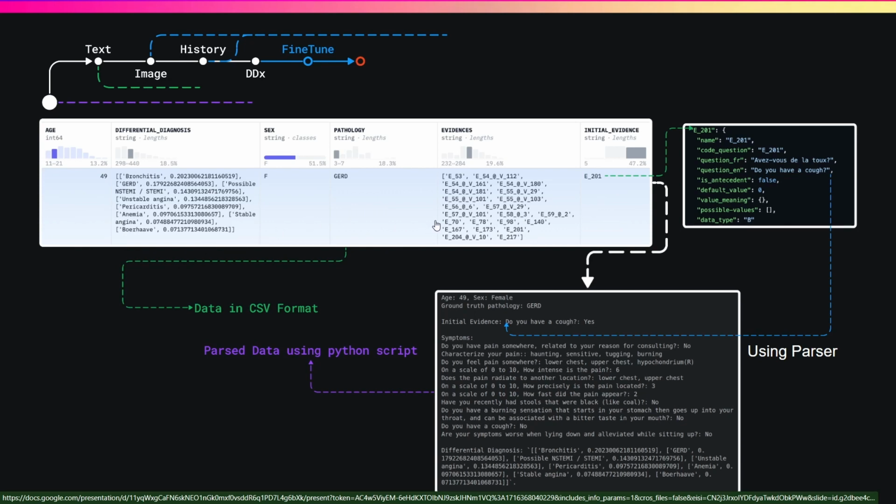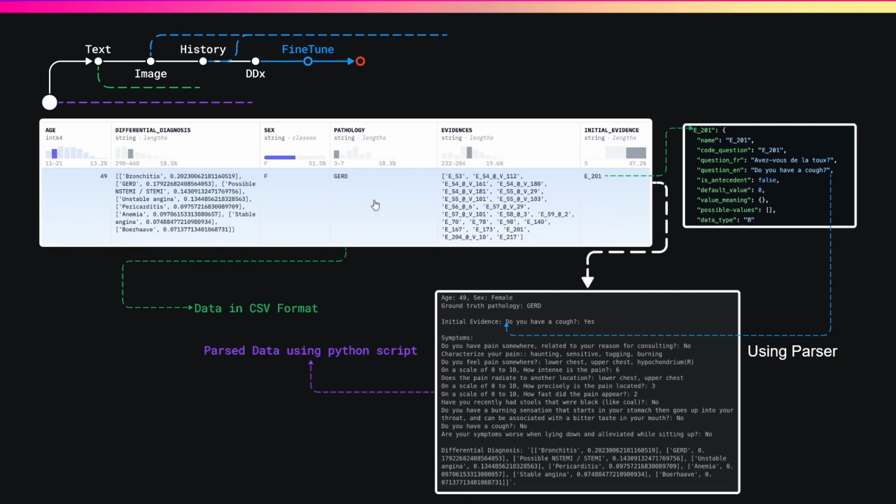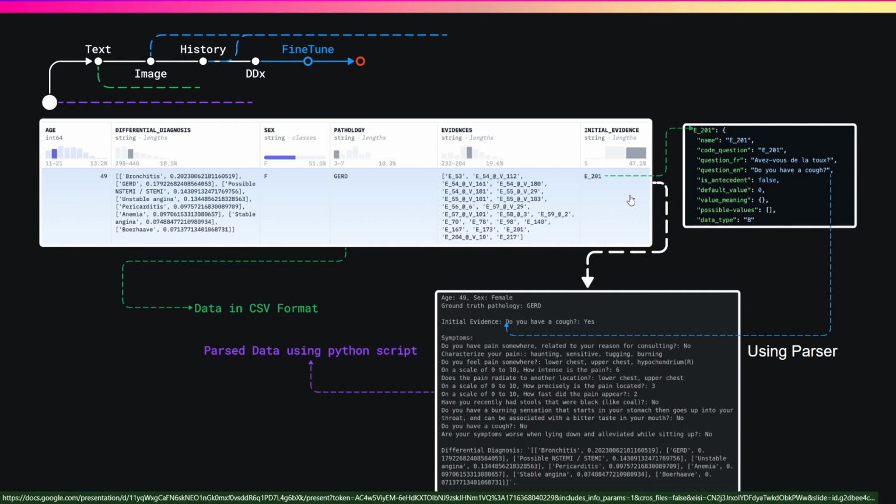So, as I told you earlier, we need a conversation type of format. For that, what we had to do is first of all create a parser to convert this type of data into a human readable text format.